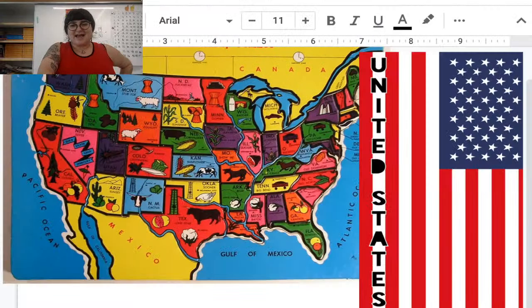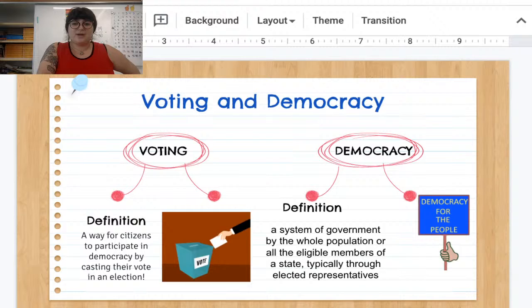So here is our beloved United States of America. We have a lot going on in our country. When I think of what's happening in our country, we have these two core pieces: voting and democracy. When we consider what voting is, we have to take a step back and ask ourselves, what is democracy and what does voting have to do with democracy?